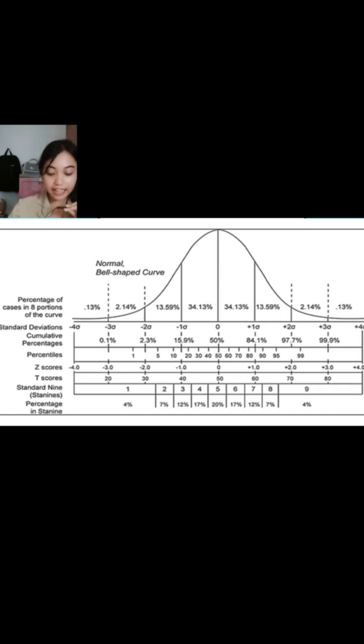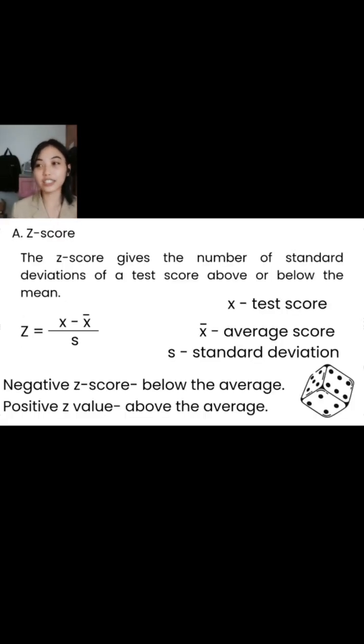On the right side, we can see the positive values, while on the left side, we can see the negative values. We can also see the cumulative percentages: percentiles, z-scores, t-scores, and standard 9, which is the stanine, and lastly, the percentage in stanine. So let's start our discussion with z-scores.